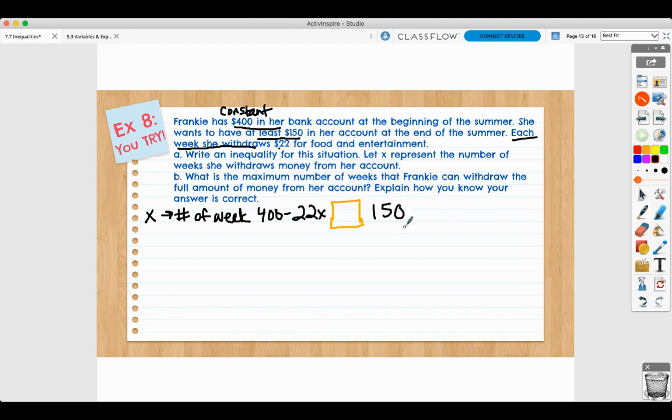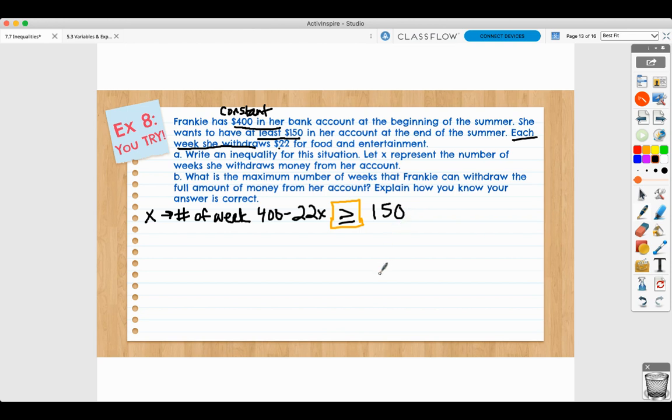Let's think about that. At least 150. Is it going to be greater than? So this, at the moment, has to be greater than this. She wants at worst $150 in her account.